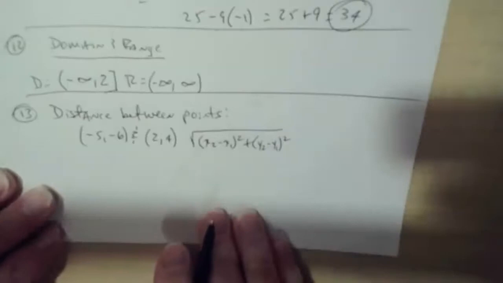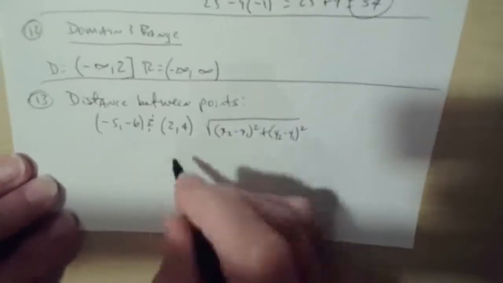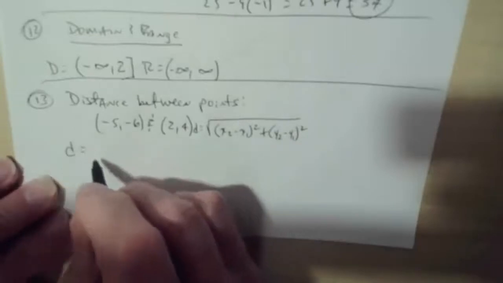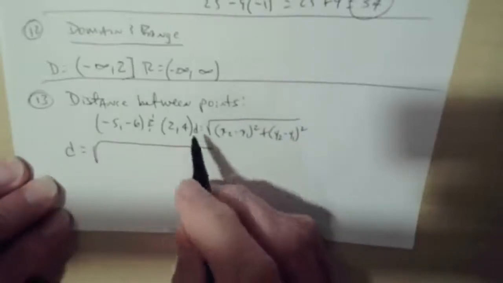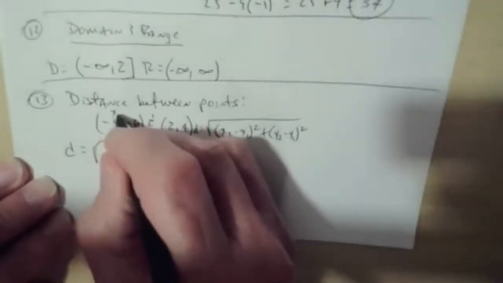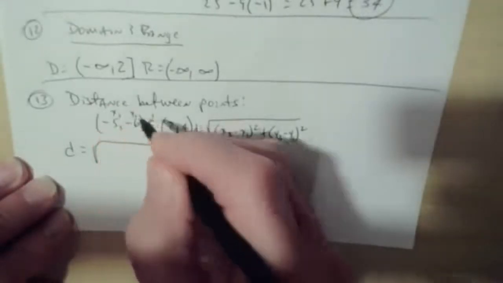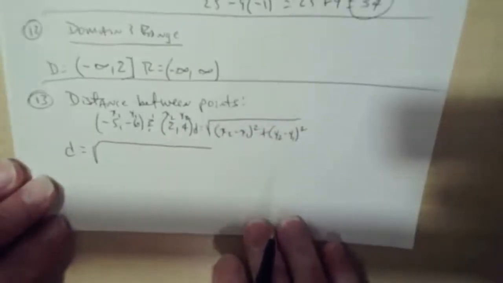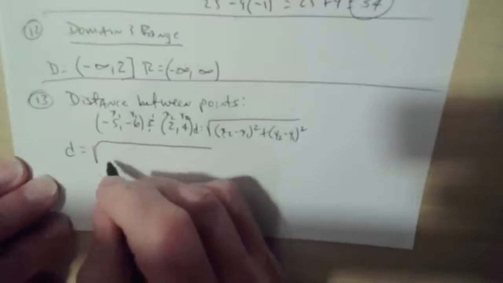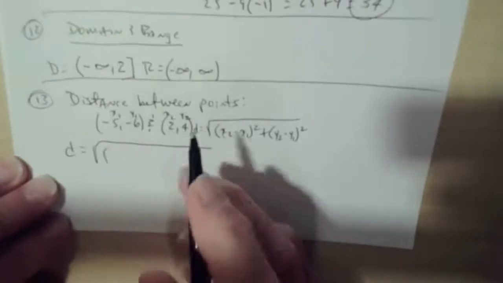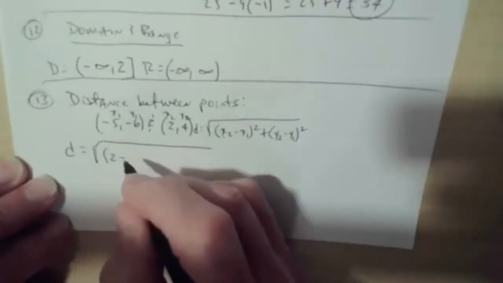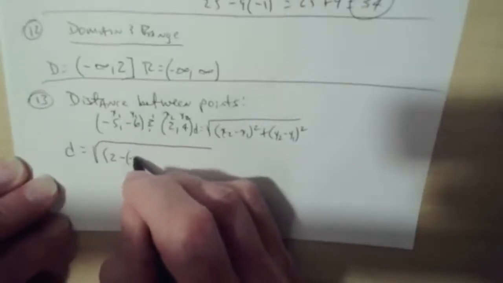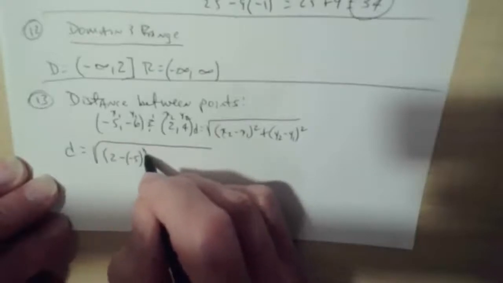Okay, so that's distance. So our distance is equal to the square root of, remember they're always in the form xy. This is x1, y1, x2, y2. So we have x2, which is 2, minus -5, closed and squared.